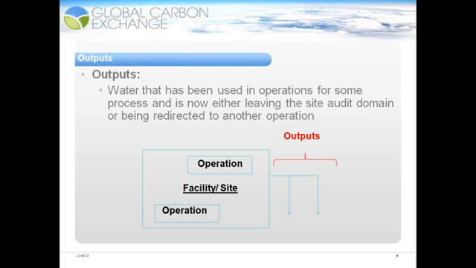Evaporation and groundwater are two other outputs other than the sewer. Now, if you're a facility that produces products using water, your product will also be an output of the water. So if you're producing, whether it's beer or a can of cool drink, that can of cool drink uses the water in its product itself and leaves the facility in the finalized product as an output.